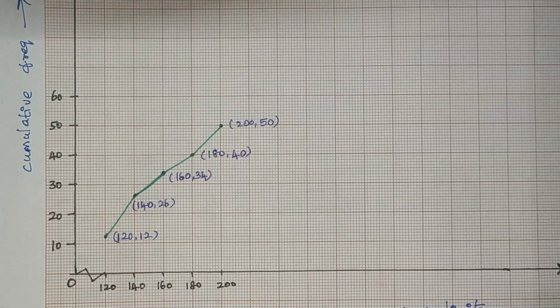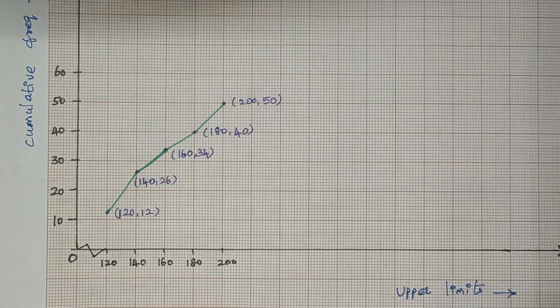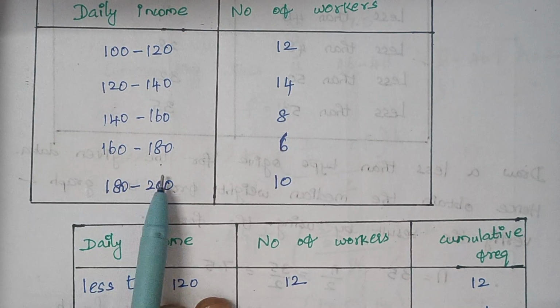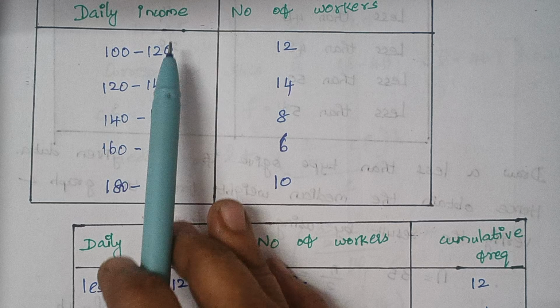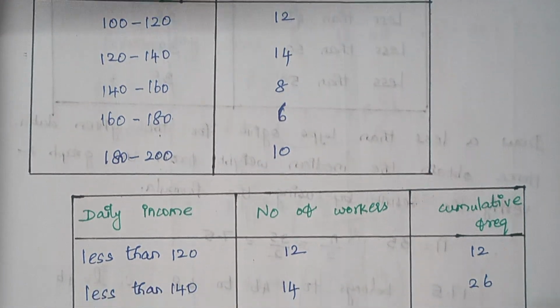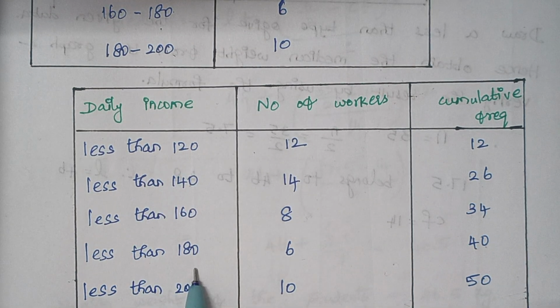So this is our graph sheet, and on the x-axis, in this problem we have taken only the upper values. Wait, let me show you. These are the lower values and these are the upper values or upper limits. So in a less than type ogive, we are considering only the upper limits.